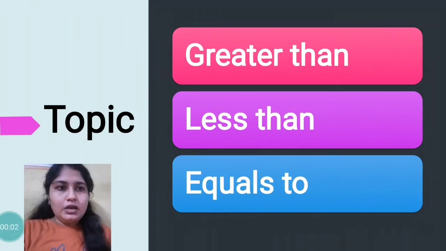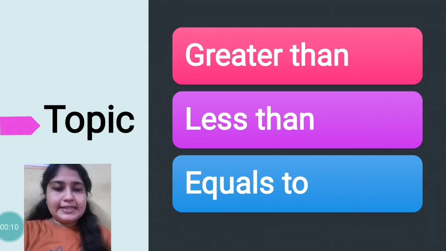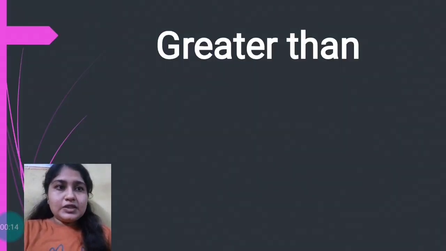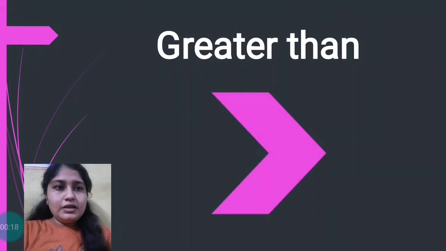So students, when we are comparing two numbers, we have to put a sign between them. Let us understand the signs of greater than, less than and equals to. So this one is the greater than sign, as you can see on the screen. Now let's see the less than.